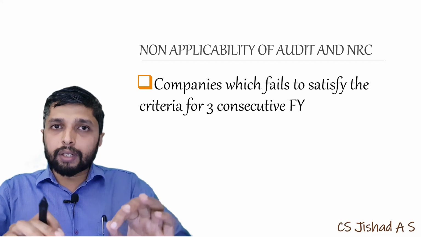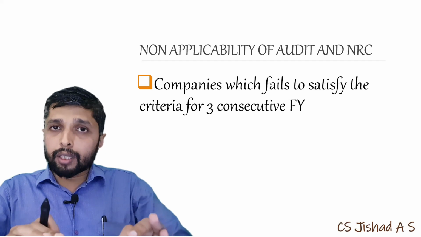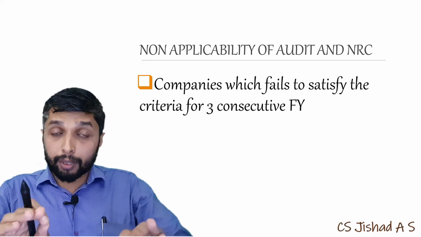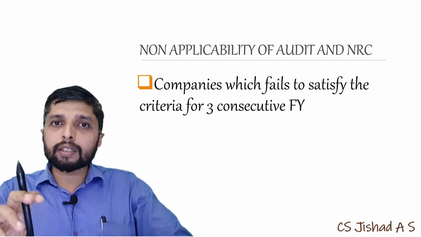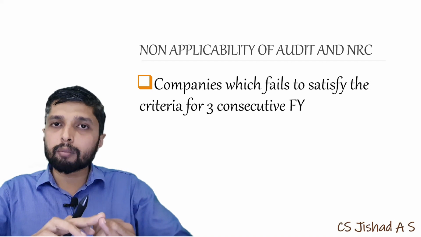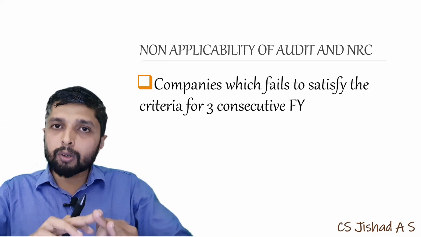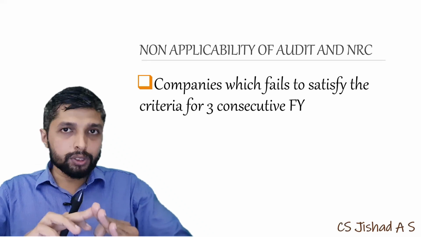Okay. So if an unlisted public company to whom audit committee or nomination and remuneration committee is applicable fails to meet the thresholds like 10 CR or above paid up, 100 CR or above turnover, exceeding 50 CR loan, debenture, deposit.